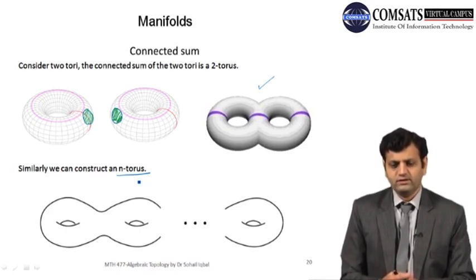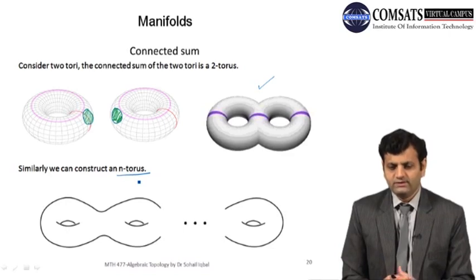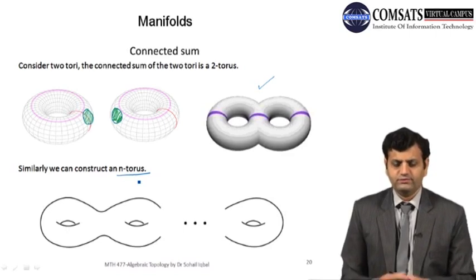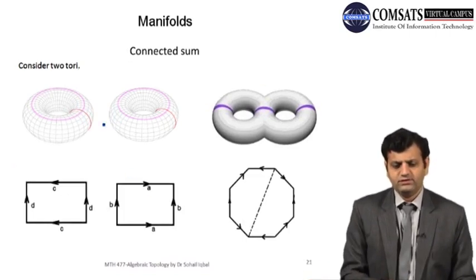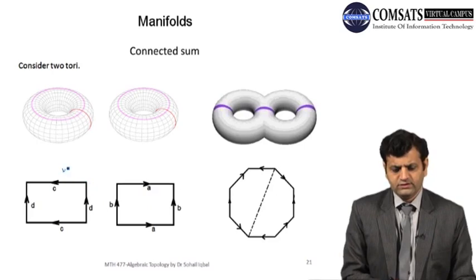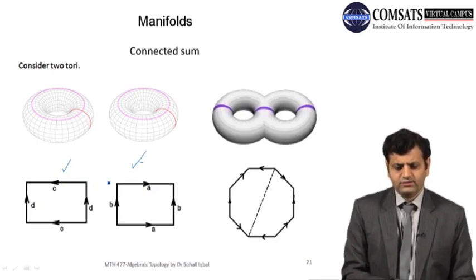So given two manifolds, we can take their connected sum and then we can obtain other manifolds. Now let's see the situation in planar diagrams. We know that a torus can be obtained by identifying the sides of a planar square, and similarly if we have two tori we have two squares.